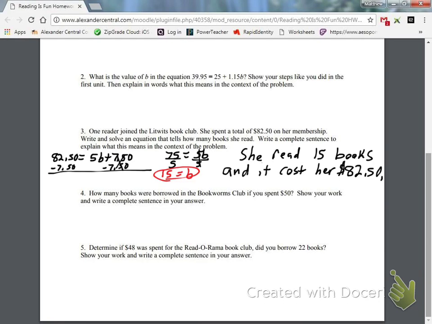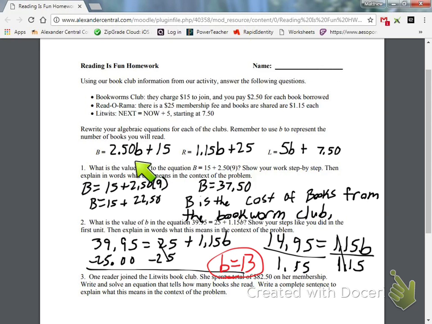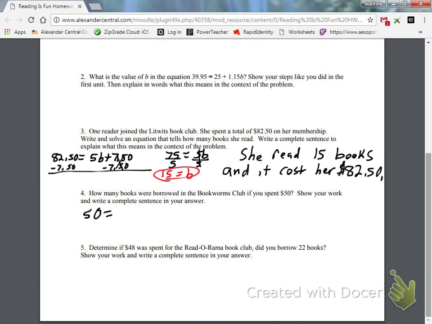All right, so for number 4, you spent $50. That's going to be cost, and we're talking about the bookworms, so that's going to be the capital B. 50 equals, we go back to our bookworms equation, 2.50B plus 15. We get rid of the constant first, so subtract 15, subtract 15.